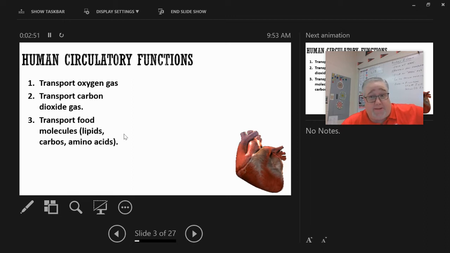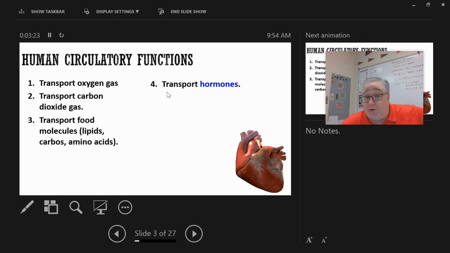When you eat, let's say, a cheeseburger, your digestive system breaks that cheeseburger down into all of its components, whether it be carbohydrate molecules, proteins, amino acids, lipids, or vitamins. There's a whole bunch of things in that cheeseburger. When your digestive system breaks all that down, your circulatory system has to carry and transport all of those things to all your body cells.